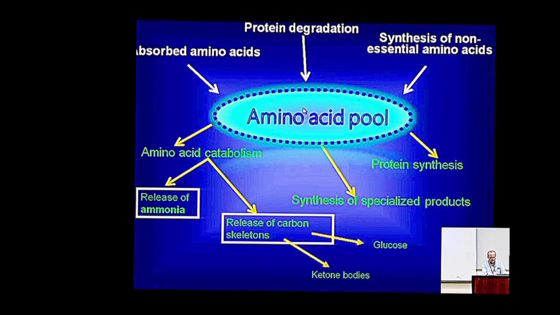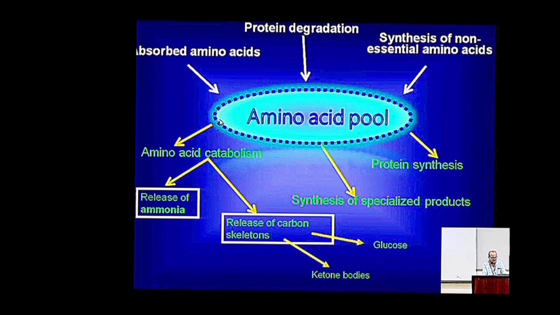That amino acid pool mainly goes to cellular proteins, about 80%. The second component goes into specialized products. That includes neurotransmitters, nucleotides, heme, and so on, other important nitrogen-containing molecules.